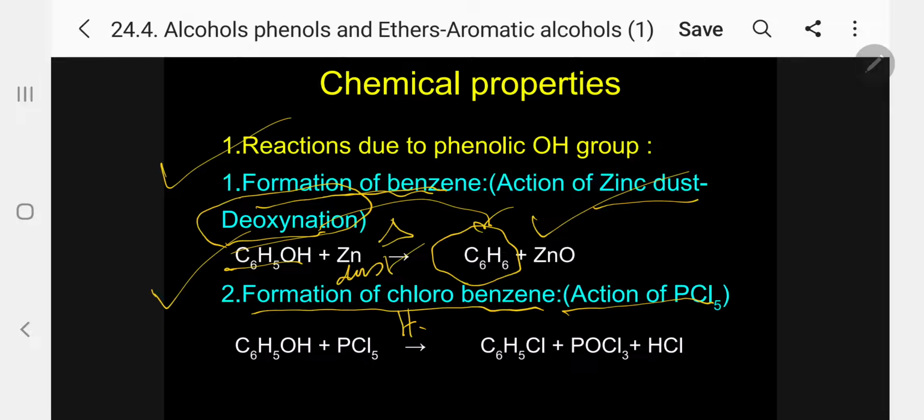So OH will be substituted by Cl. We get phenyl chloride, phosphorus oxychloride and HCl. Kindly follow. Whenever you use PCl5, phosphorus oxychloride is one of the products.